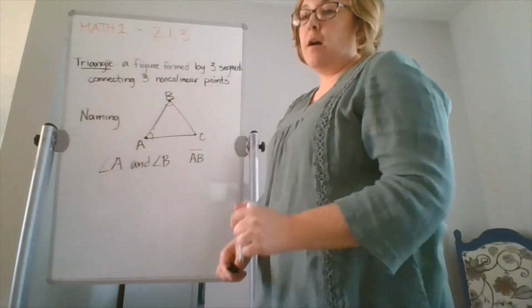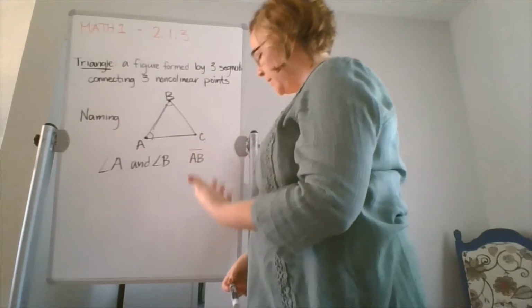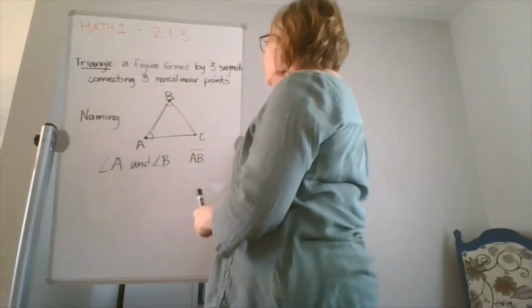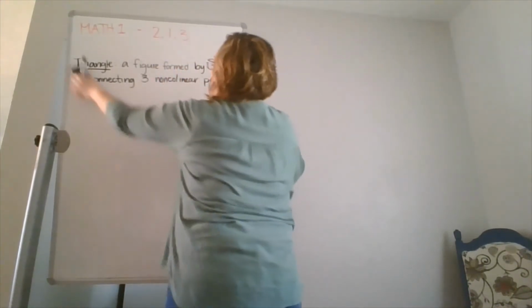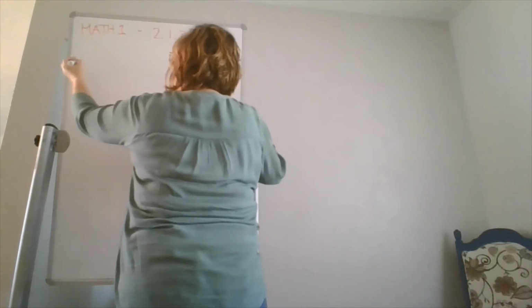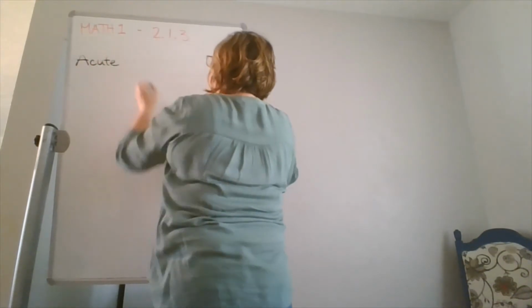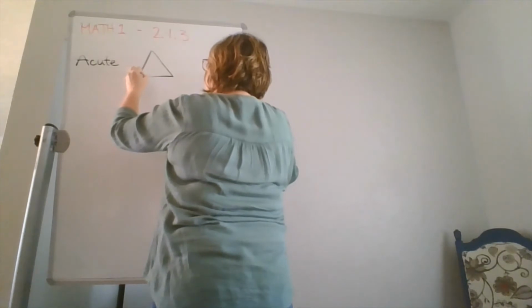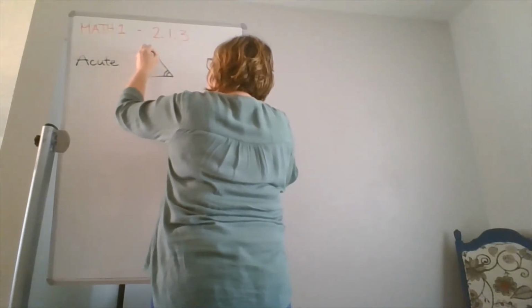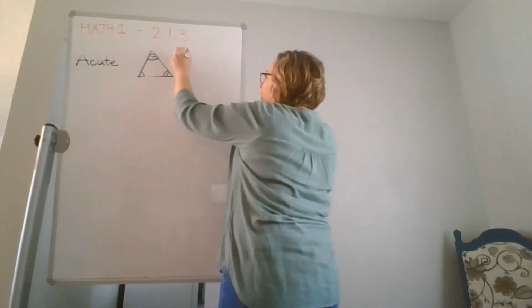All right, so let's talk about different types of triangles. For example, an acute triangle. I'm going to go ahead and erase all of this, even our definition, we don't need that anymore. An acute triangle is any triangle where all 3 angles are less than 90 degrees.